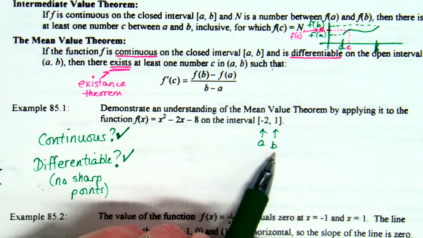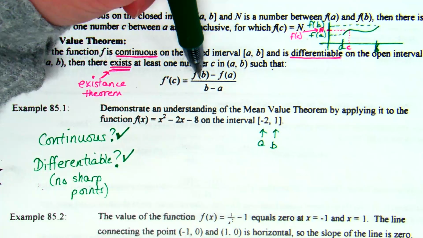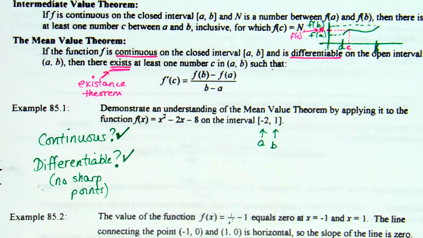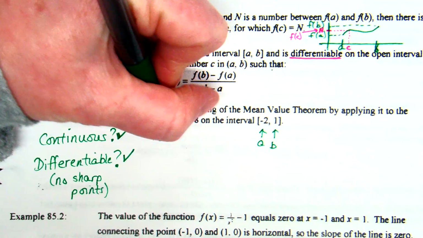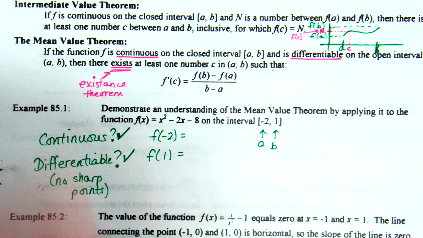Here I've got A and B. I also need to have f of A and f of B. How do I find f of A and f of B? Plug it in. So if my A is -2, I'm going to need to know f of -2. If B is 1, I'm going to need to know f of 1. What do I get when I plug -2 in?